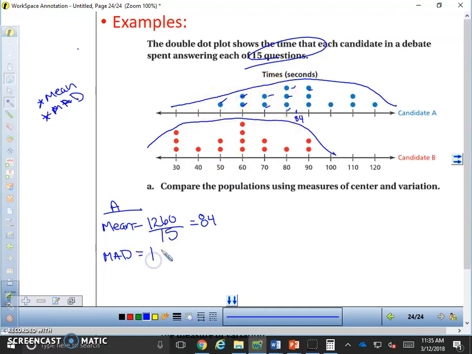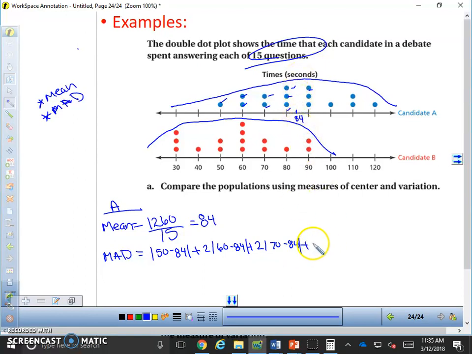We write it like this, 50 minus 84. And there's only one of that. Plus the distance between 2 60s and 84. Plus the distance between 2 70s and 84.